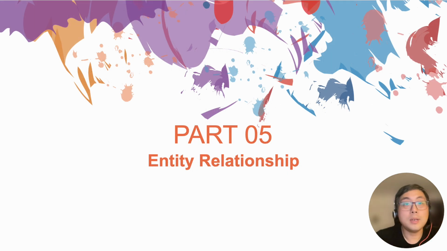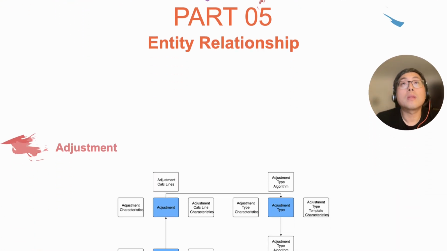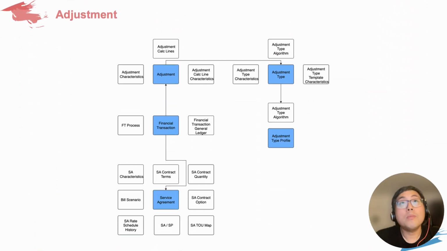Last, let's have a look at the entity relationship. I think you have seen adjustments before, and today we just expanded that a bit. There is an adjustment type, which controls the behavior of the adjustment, and the adjustment type profile defines the relationship between adjustment type and service agreement.